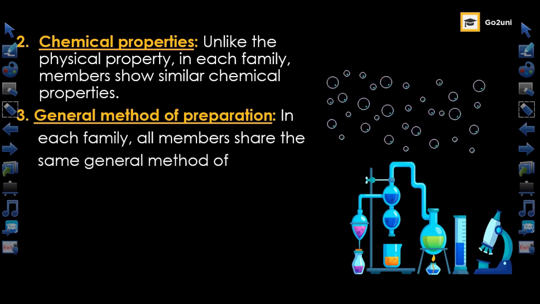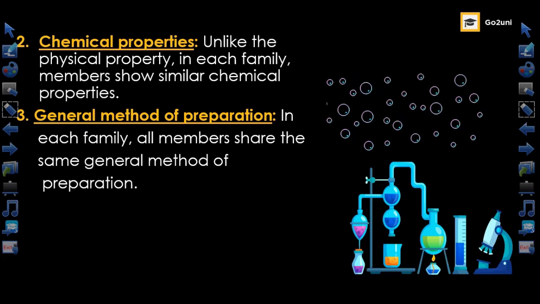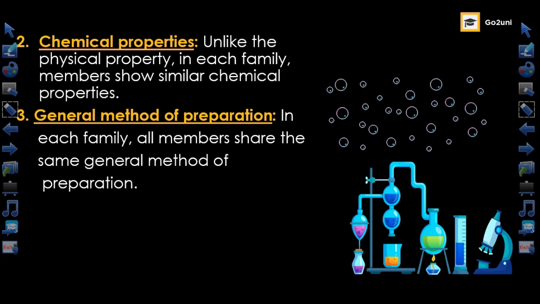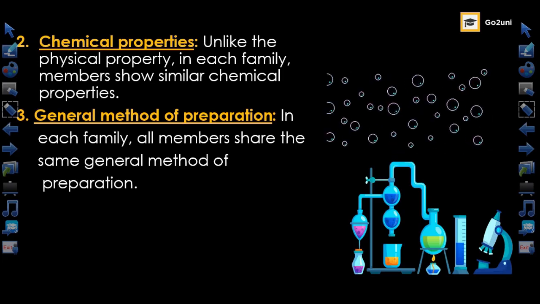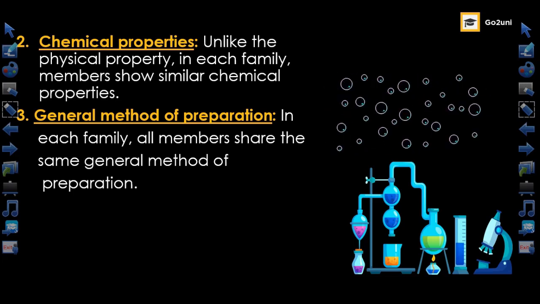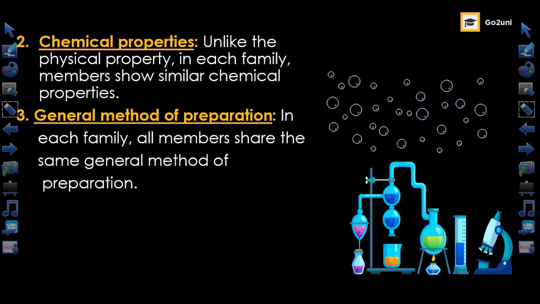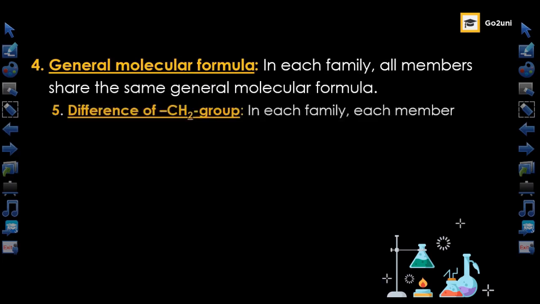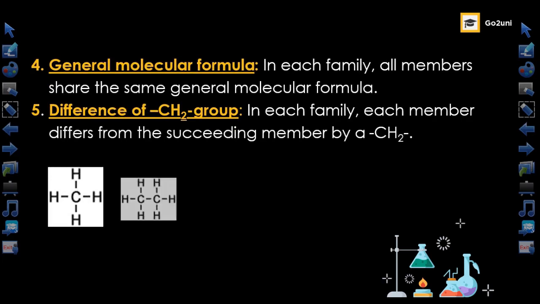Their chemical properties seem to be similar because they generally have a general method of preparation, and they also have a general molecular formula. That is a third property or characteristic of homologous series. In each family, all members share the same general method of preparation. Their general molecular formula, like we said before, is the same.